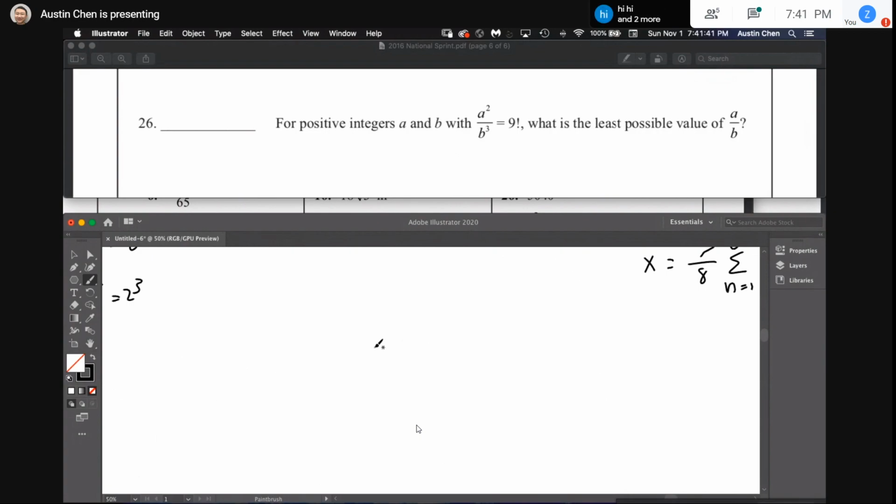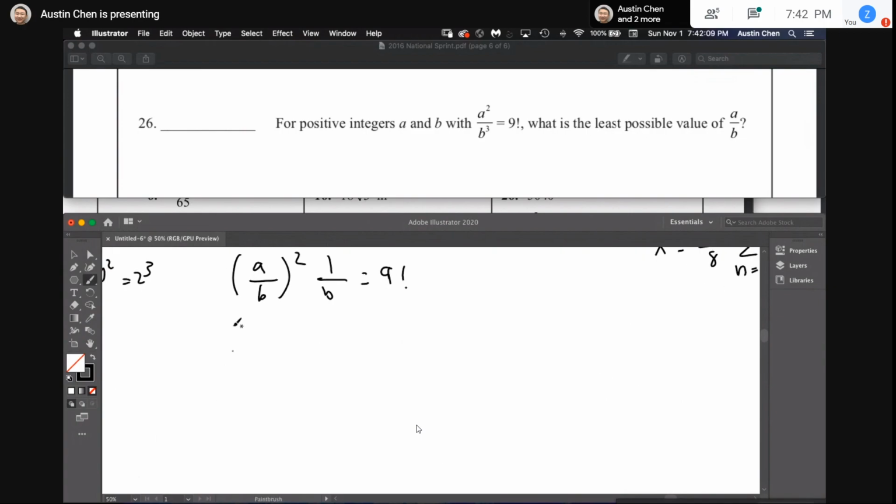Okay, so one thing we could do is put this as a over b squared times 1 over b equals 9 factorial. Why do we want to try doing this? Because we're trying to minimize a over b, right? So if we could get our stuff in terms of a over b, that might help us out.